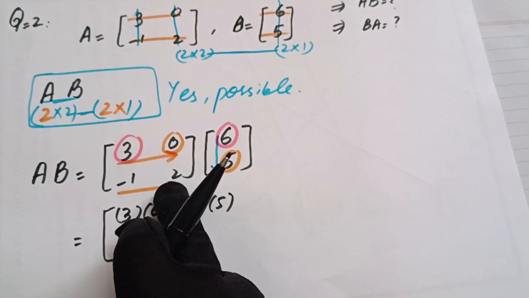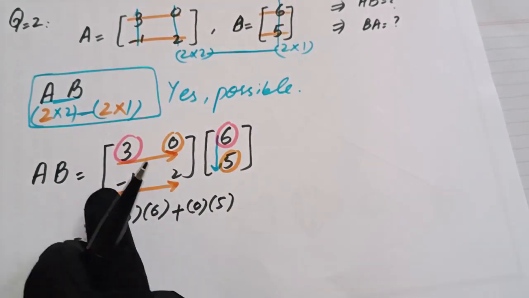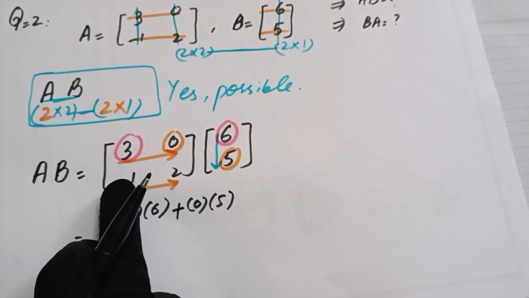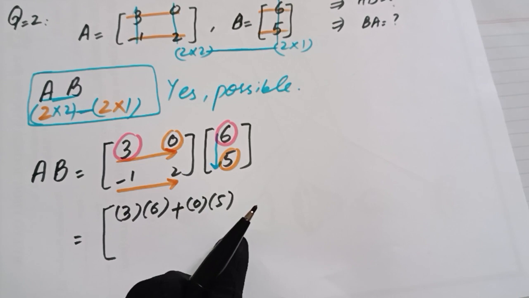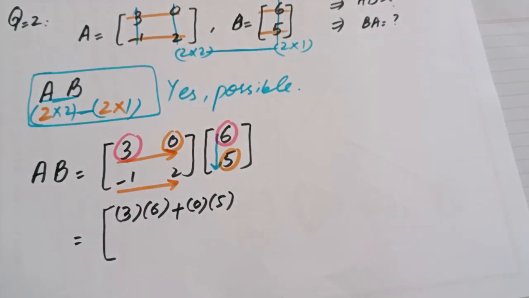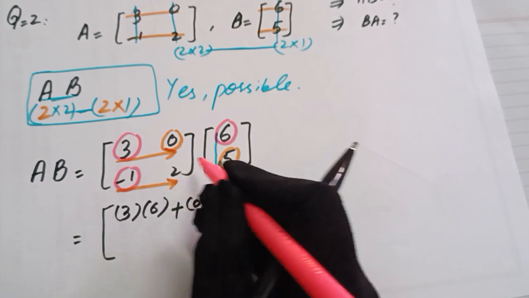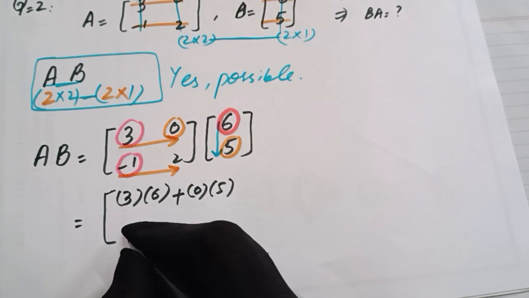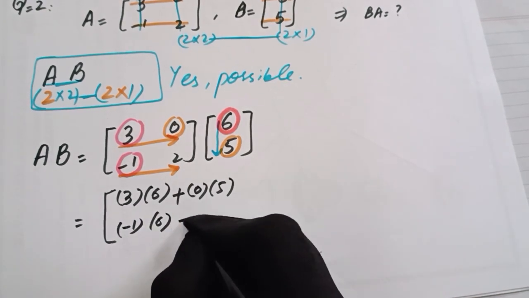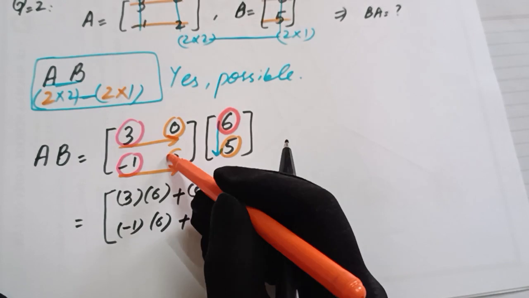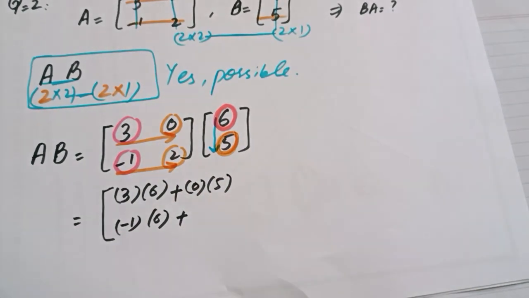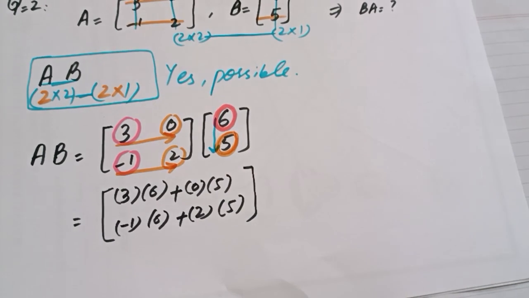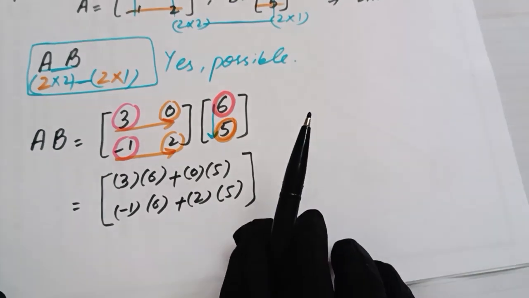Now we will go to this arrow. This arrow starts from here, so we also come down over here. The second arrow's first element will start from the second row, first element. So let's do again. Tail multiplied tail means -1 multiply 6 plus head multiply head. Again, there is only one column, so only one column will be there.